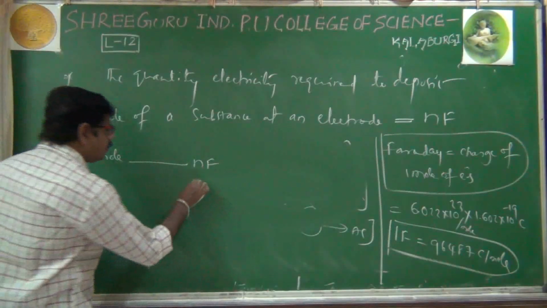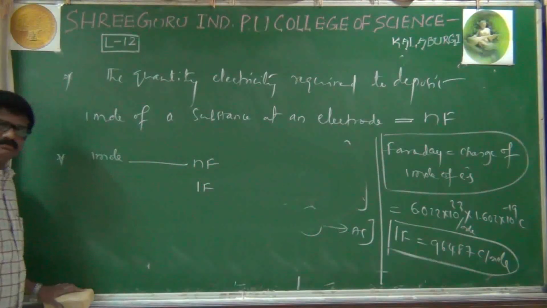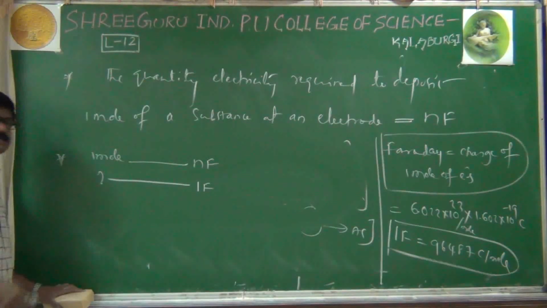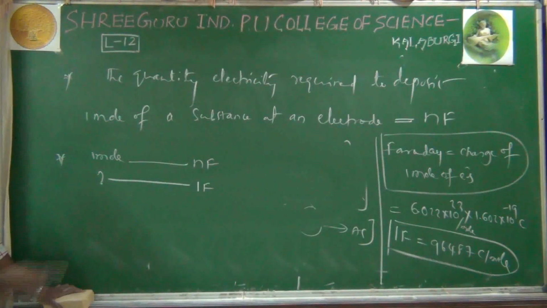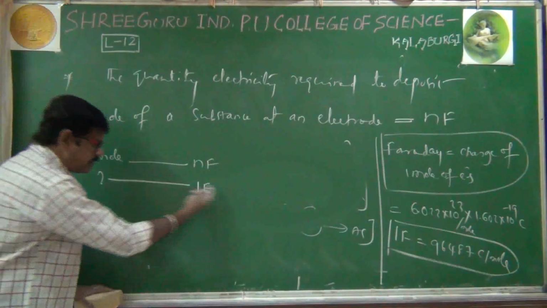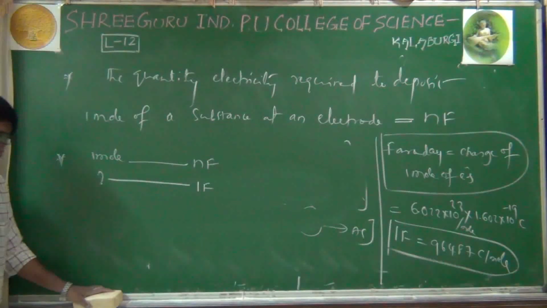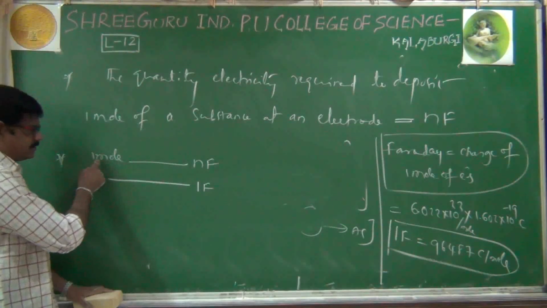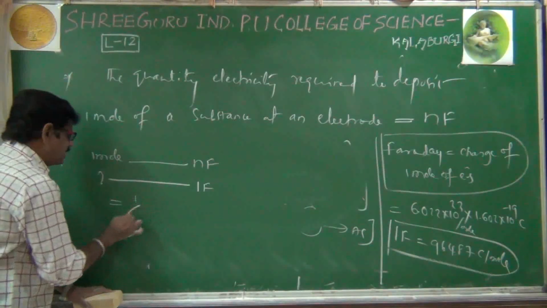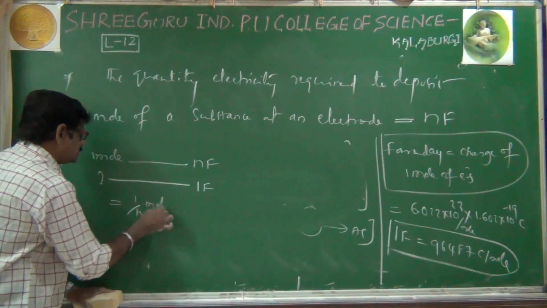But if I send only 1 Faraday of current, how much substance will be deposited? For 1 mole deposit, NF is required. If I send only 1 Faraday, how much is deposited? 1 into 1 divided by N, that is 1 by N moles will be deposited.